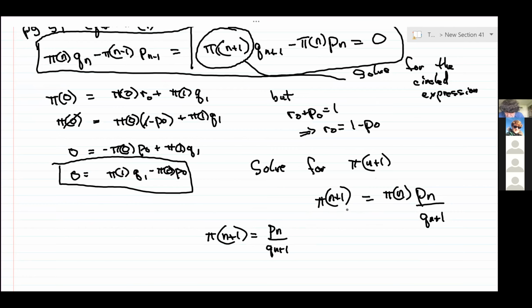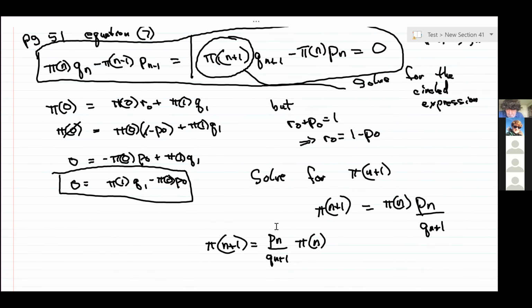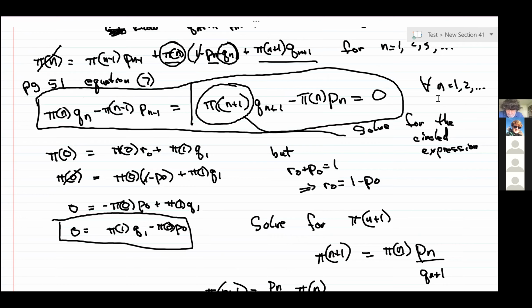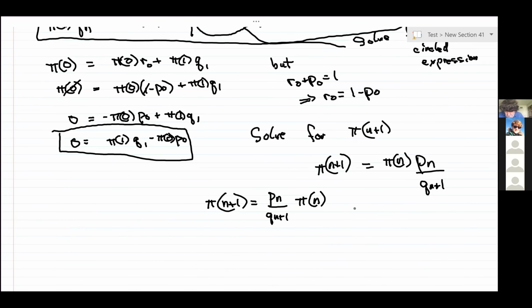And the pi n is what we don't know. That's what we're trying to solve for. So this holds. And it holds starting from, well, when? We said this thing is good for n equal 1, 2, all the way up to infinity.